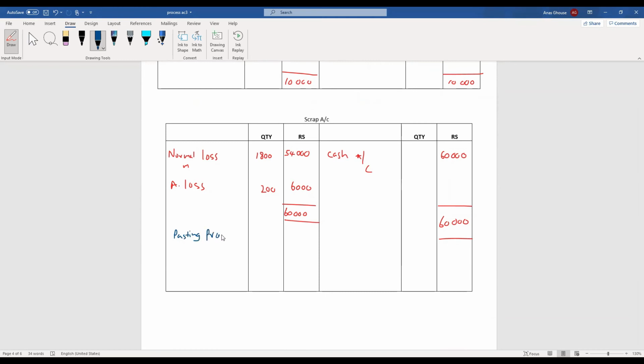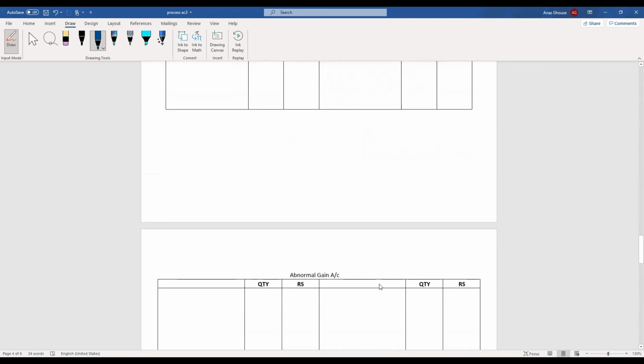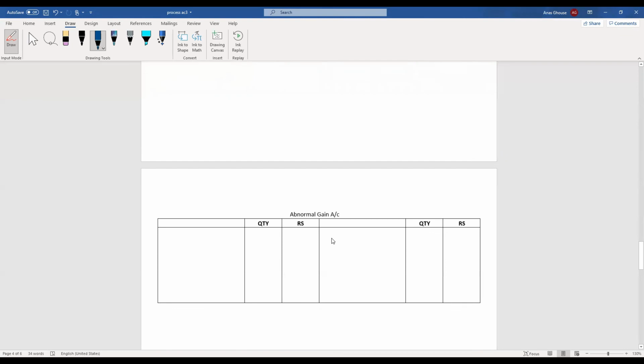Then we have the abnormal gain account from the pasting process, which is 1,000 times 100, which is 100,000.